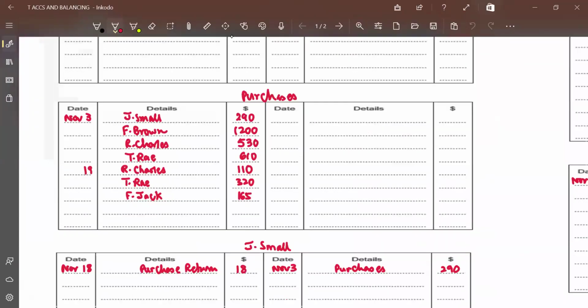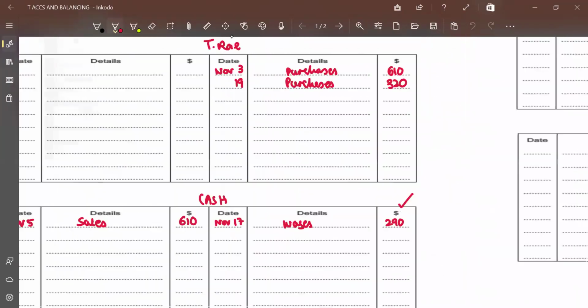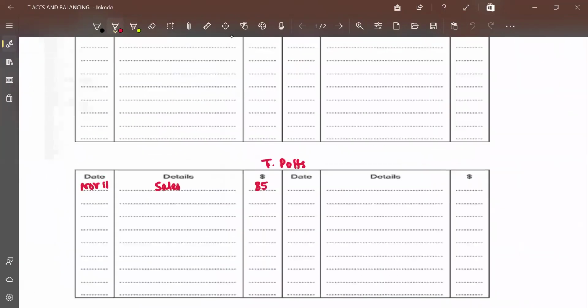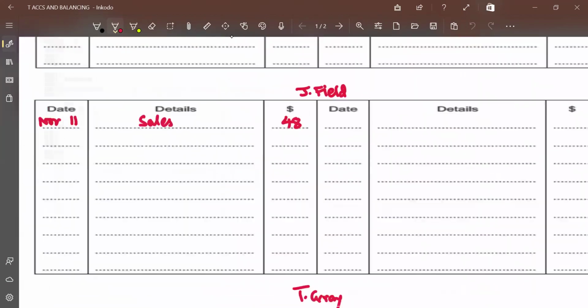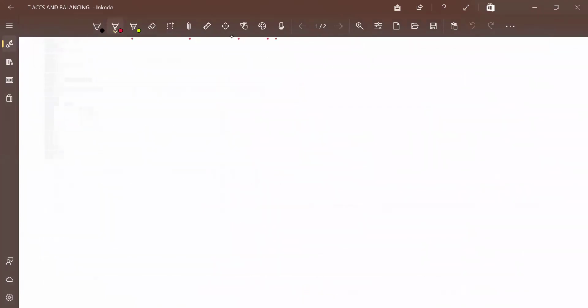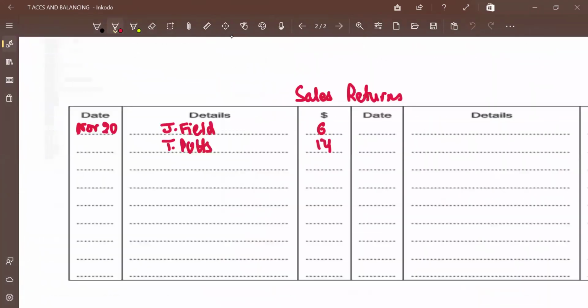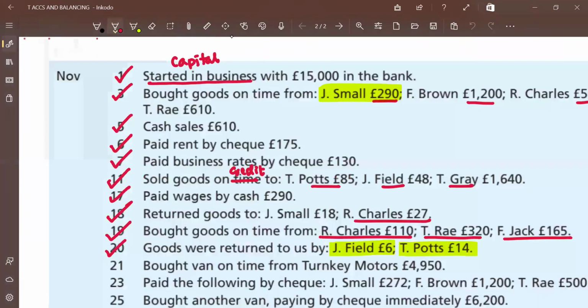R Charles, T Ray, Capital, J Field. Yes, you have a T account already prepared for J Field. You'll go on the credit side because goods will return to us. They don't owe us for the goods that they've returned. The amount would be $6, and for Teapots it's $14.